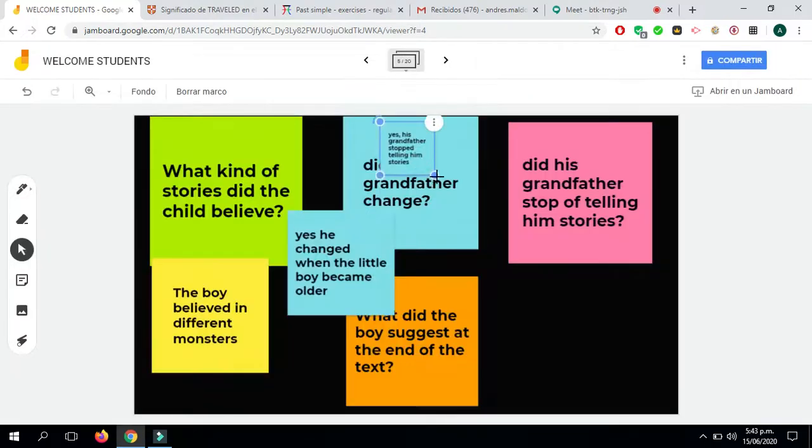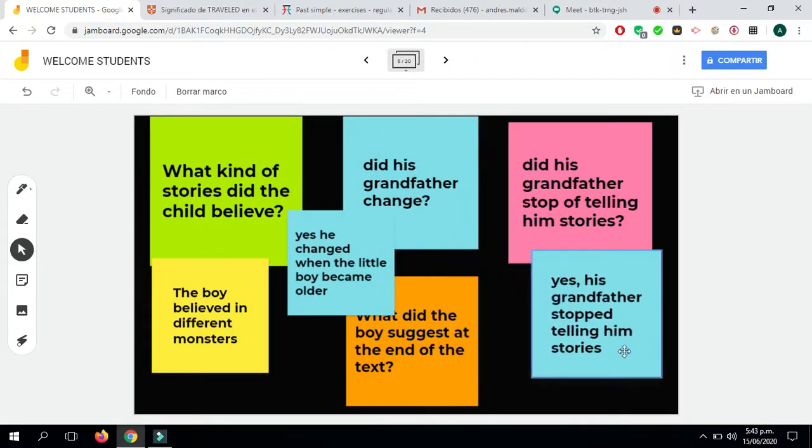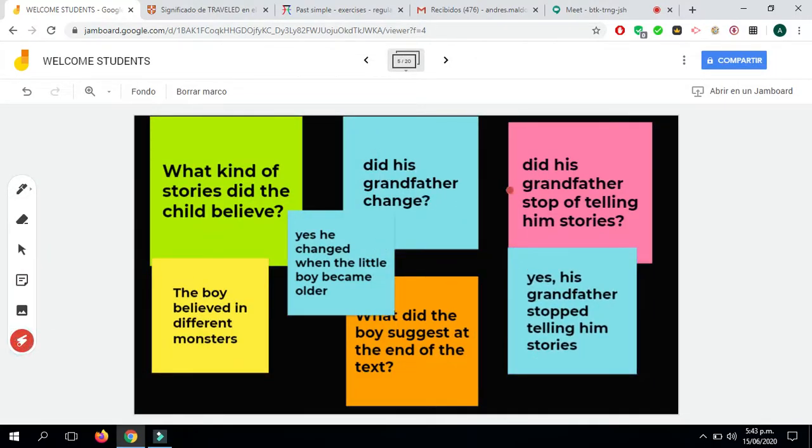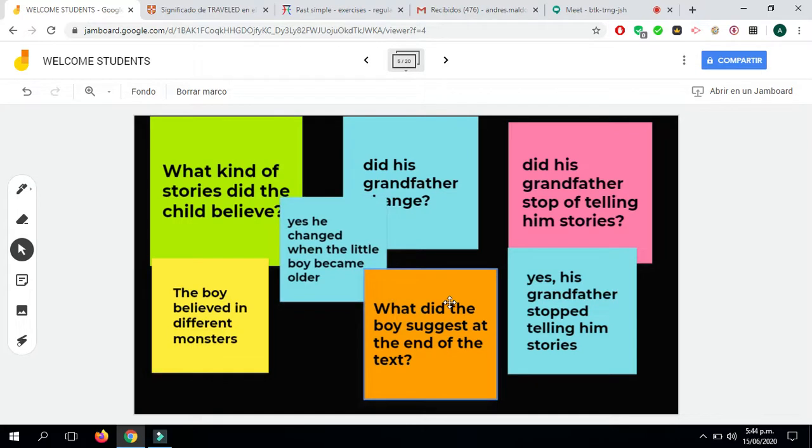As you can see, again, stop is a regular verb, so the conjugation goes with ed. Stop means paró. Yes, sí, su abuelo paró de contarle historias. Yes, very good. So can you see that the verbs are always conjugated with ed? This is not difficult. I think that is pretty easy. It's only to remember this.